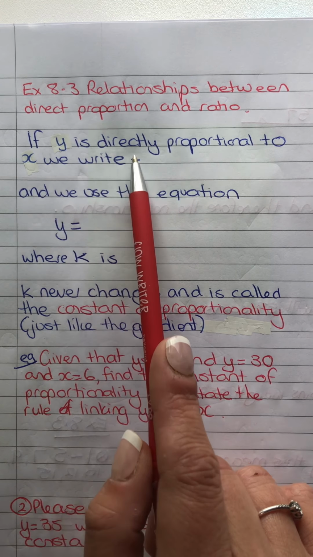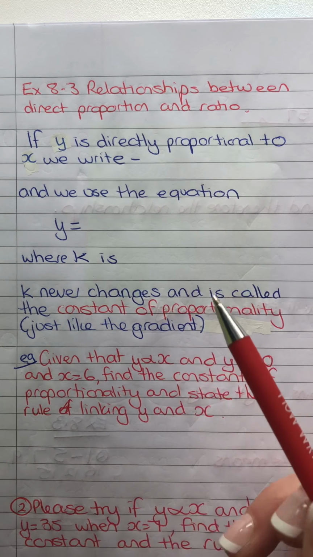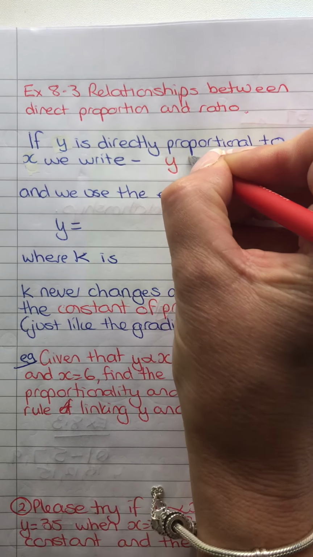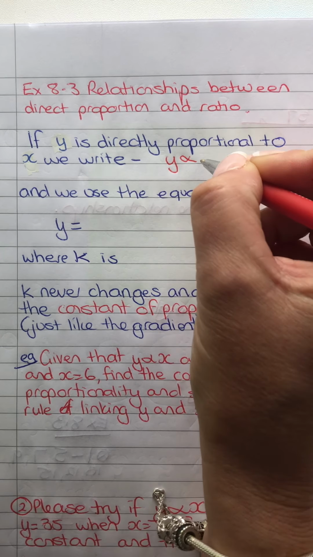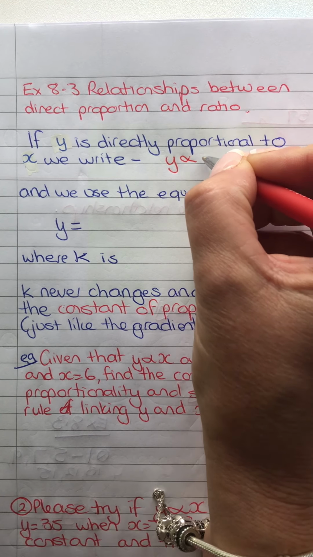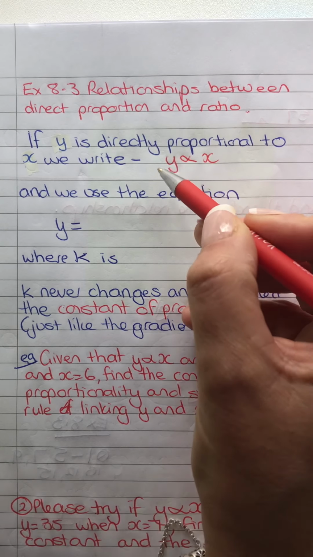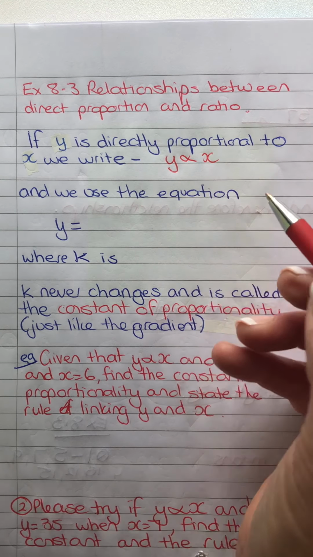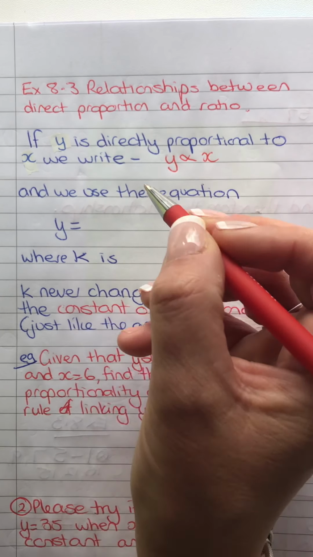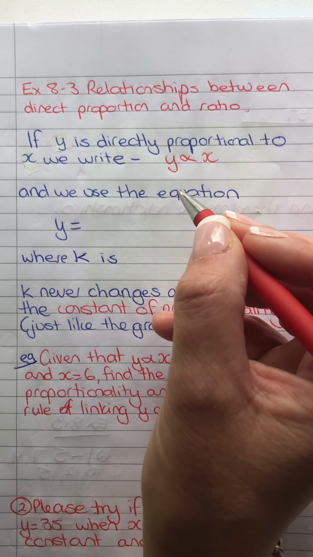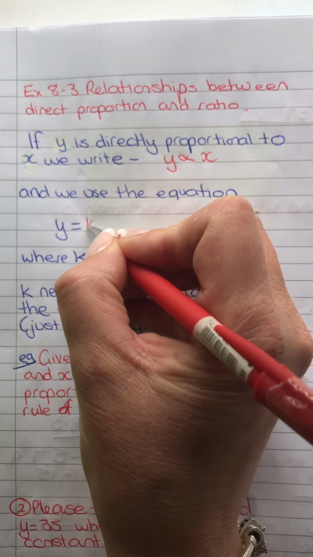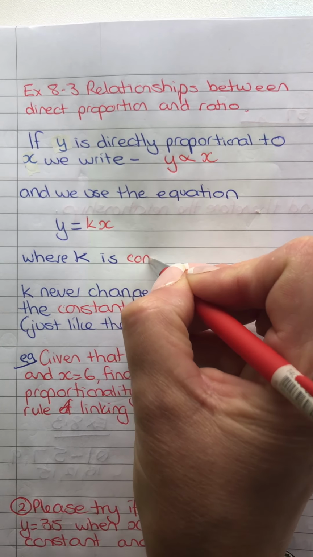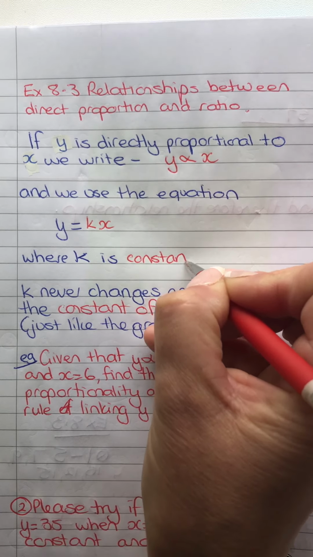All right, if y is directly proportional to x, we write y, and this funny fish symbol, x. So this means y is directly proportional to x. And we use the formula y equals kx, where k is the constant that we find.